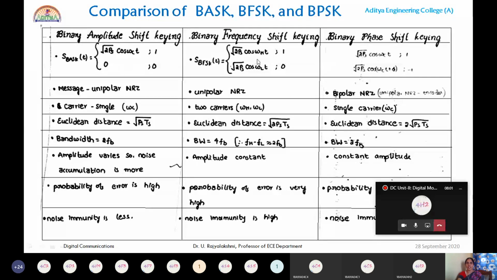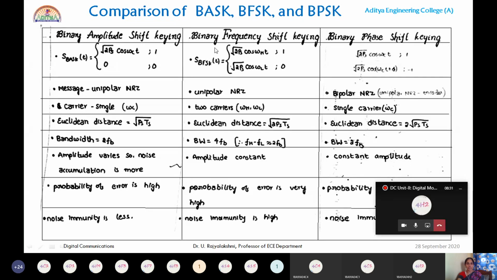Similarly, you can define the FSK. The frequency of sinusoidal carrier is varied with respect to the input level by maintaining the amplitude and phase of the sinusoidal carrier as constant. Because it is a binary transmission technique, only one bit is transmitted per symbol, so n will be 1 here.